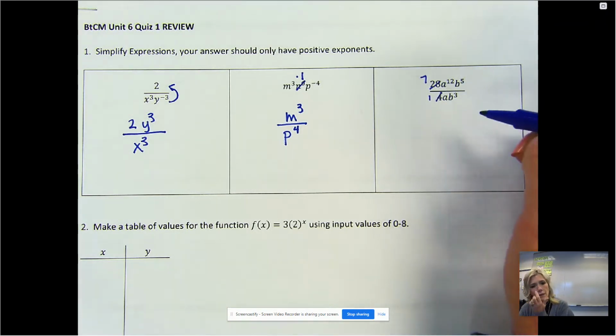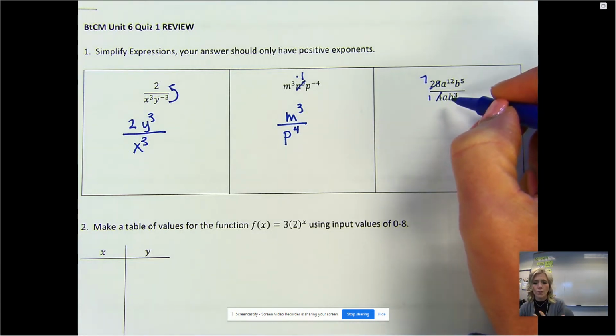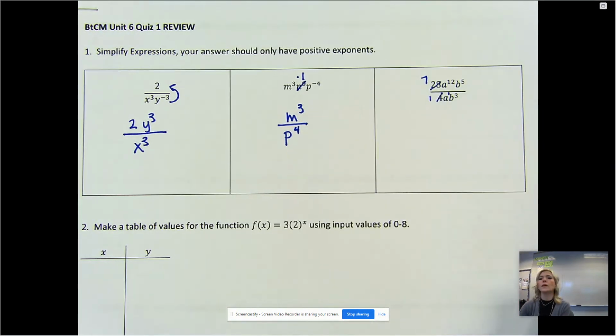Looking at the a's, we have a to the 12th divided by a. So anytime you have just a variable without an exponent, remember it kind of has this little power of 1. And when you divide powers with the same base, you subtract their exponents. And so a to the 12th on top, take away 1 because of the a on the bottom.